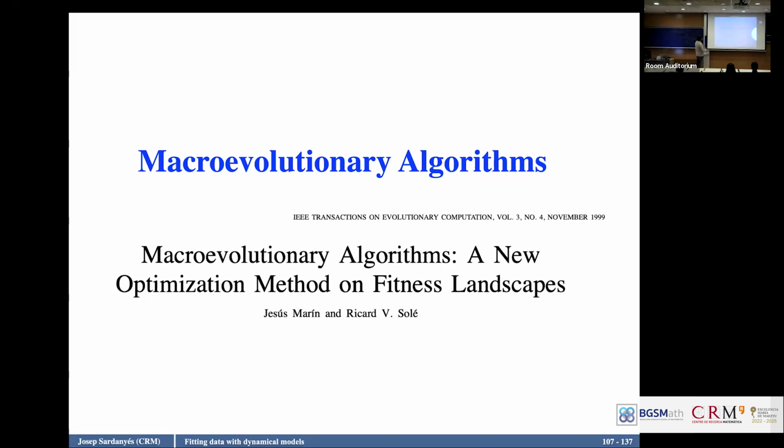And this algorithm is based on the works that Ricard Soler was doing in macroevolution and ecosystem dynamics. What I will do is to explain the advantages or the differences of the macroevolutionary algorithm. As I told you, this method I've seen very, very few times in the literature. And I think it's worth explaining it because it works very well.